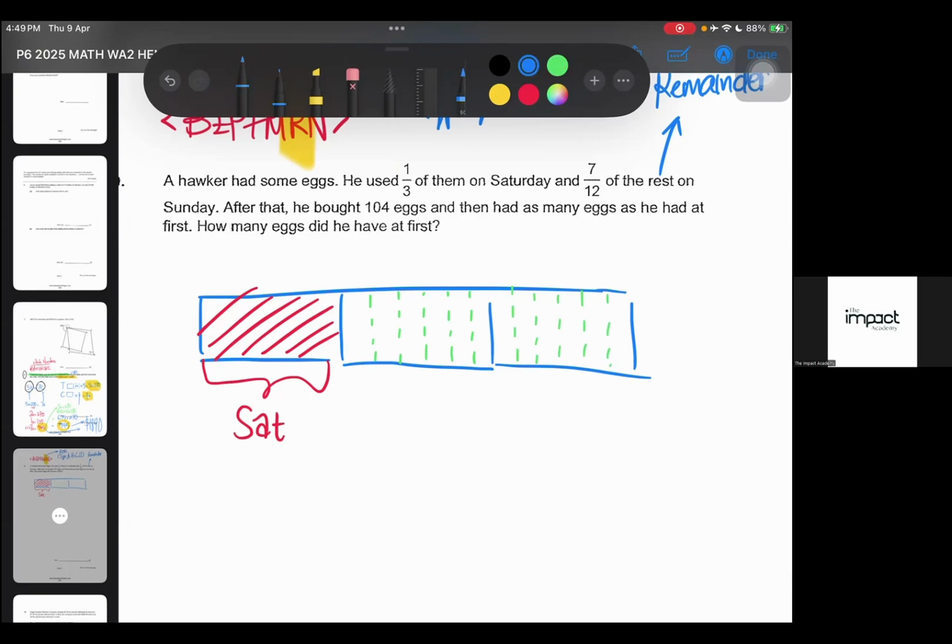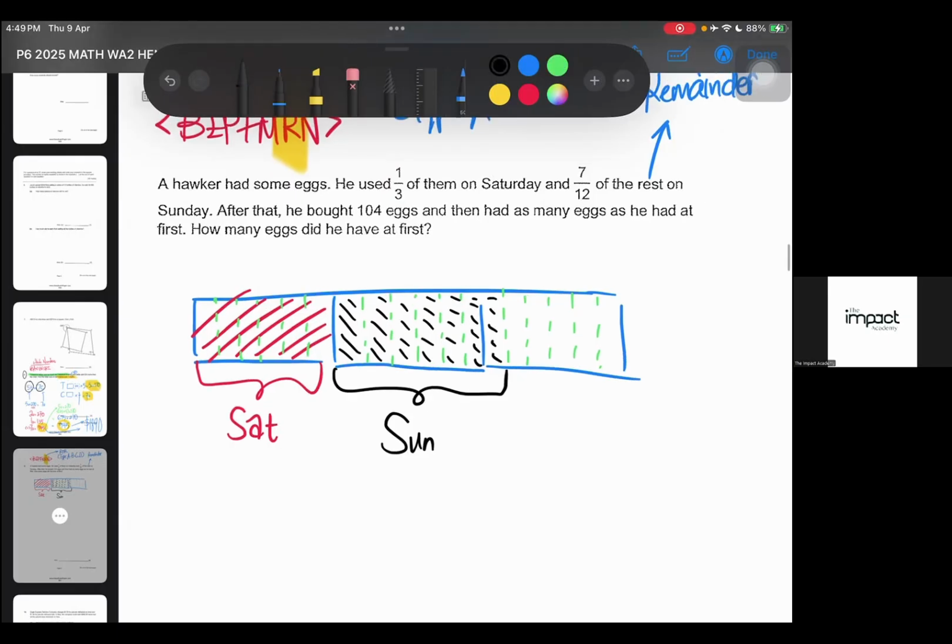You're going to shade 7 units. The reason we are shading 7 units is because they say 7/12 of the rest on Sunday. Don't forget that when you split it up, you also have to split up the rest, so all of these have to be properly split.